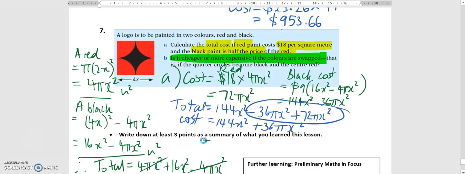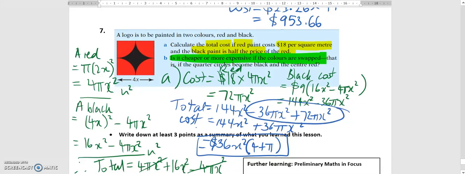That can be factorized to 36x squared dollars outside of 4 plus pi. So that's the final cost. That's the end of part A.